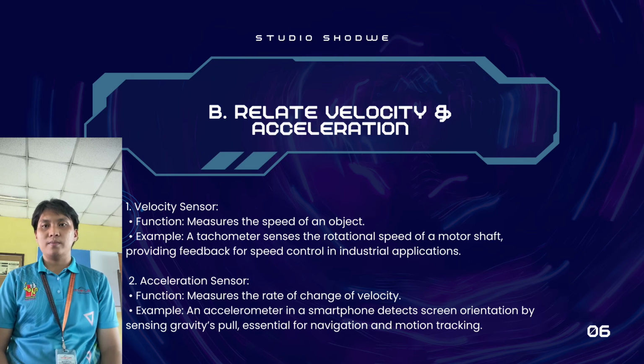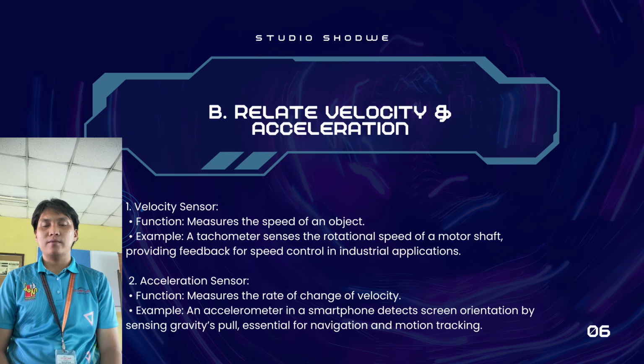Next, velocity and acceleration sensor. 1. Velocity sensor function measure the speed of an object. Example, a tachometer senses the rotation speed of a motor shaft, providing feedback for speed control in industrial application. 2.